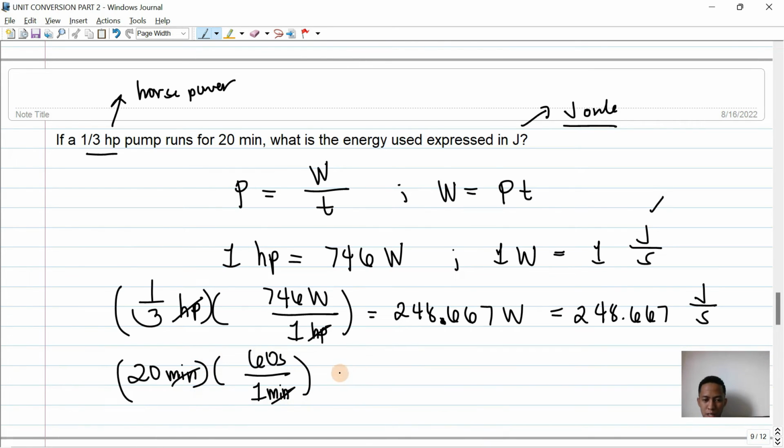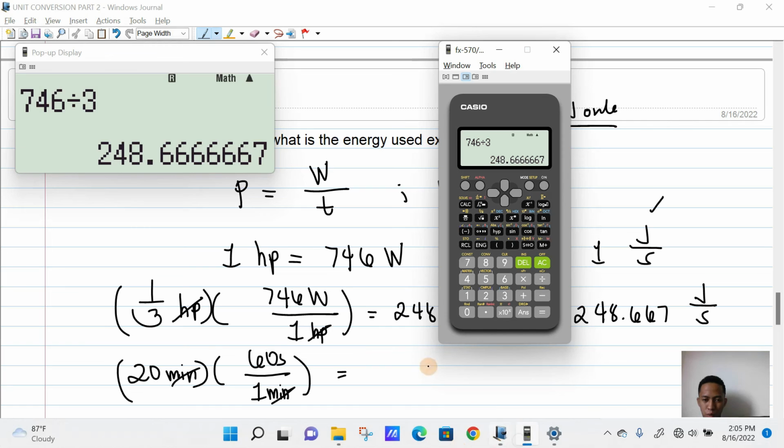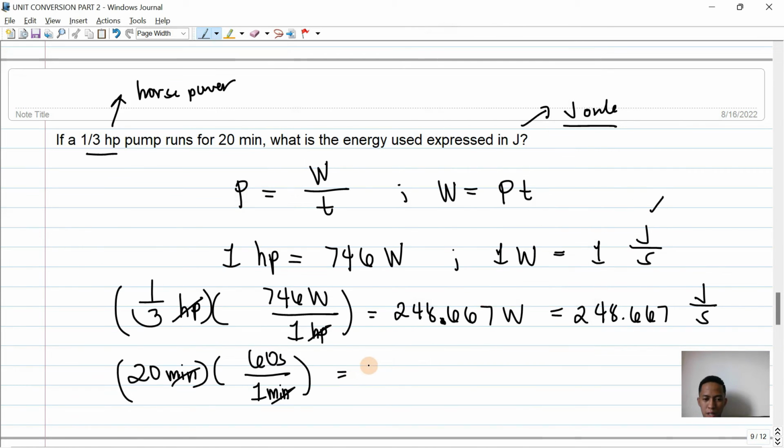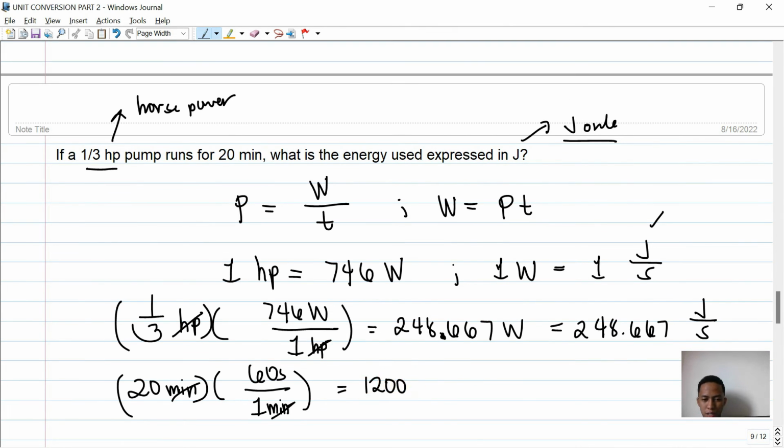So 20 times 60. Okay, that is 1,200 seconds. Okay, so eto, kaya na natin i-solve yan. So yung ating energy W is equivalent to power, which is, medyo masigip yung ating space.